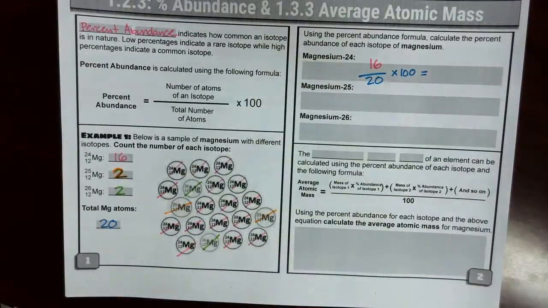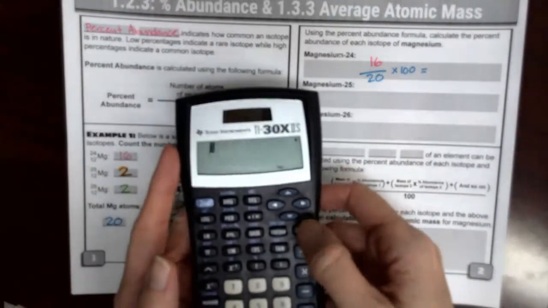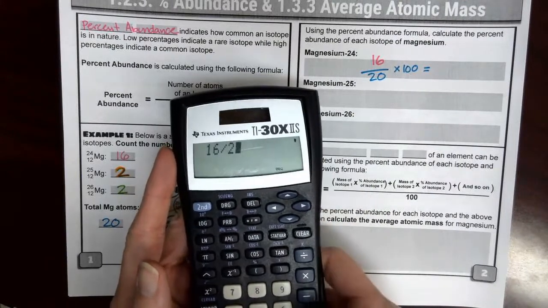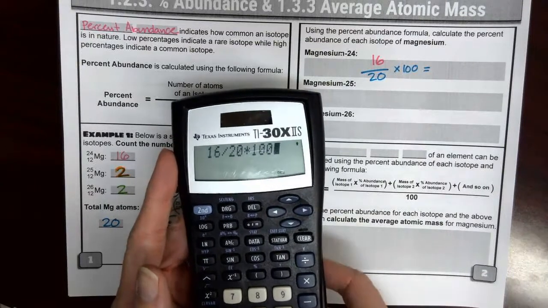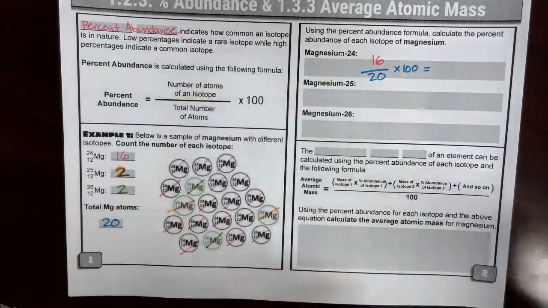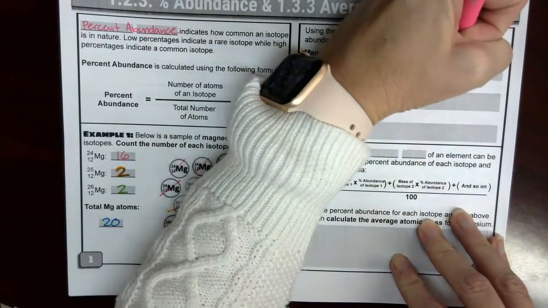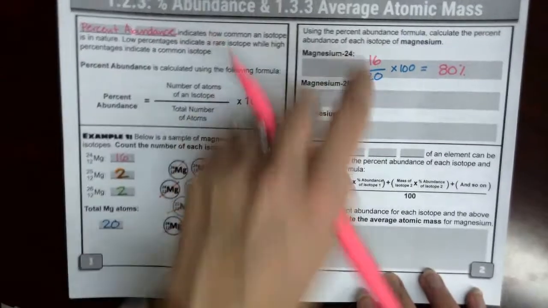So I'll put that into my calculator: 16 divided by 20 times 100, and I get 80%. So 80% of the isotopes that I have are of mass 24.